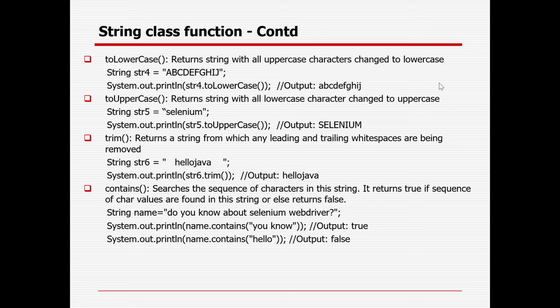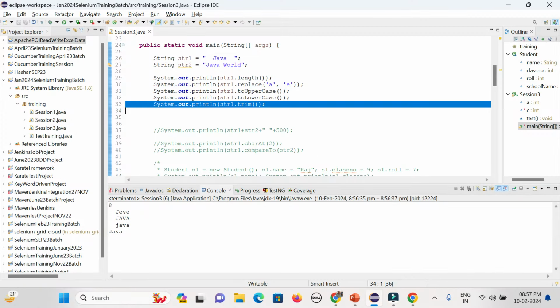Contains. Suppose you have a book with pages and you want to find a word or maybe a phrase. It is not possible manually, right? You would need to go through all the pages. But in coding, we can check whether some text is there or not. Suppose it's "welcome to Java world".